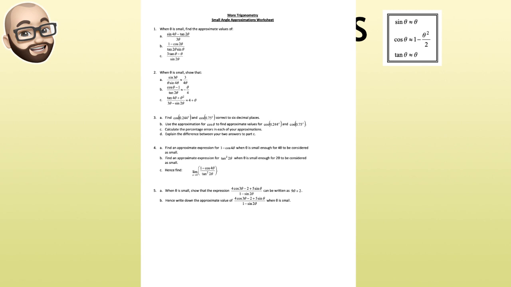Question 3 is again like another proof, just to show you how good things are. So it says find cos of this and cos of a second one, and then it says calculate the percentage errors after you've done the approximations, and it says explain the difference.